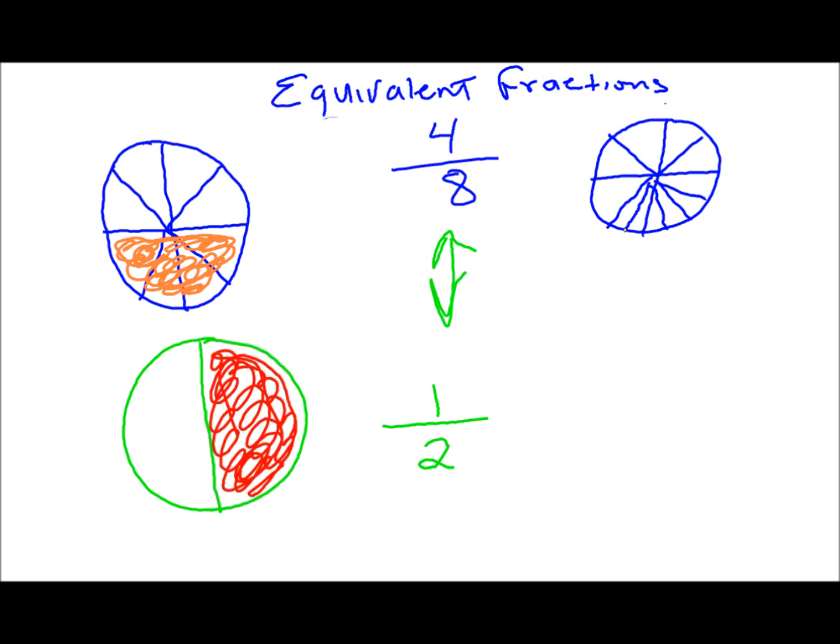So I said, let's cut it smaller. Glad I don't have a real knife. Okay, let's count them: 1, 2, 3, 4, 5, 6, 7, 8, 9, 10, 11, 12, 13, 14, 15. We have 16 pieces. So our whole is 16, and our denominator would be 16.